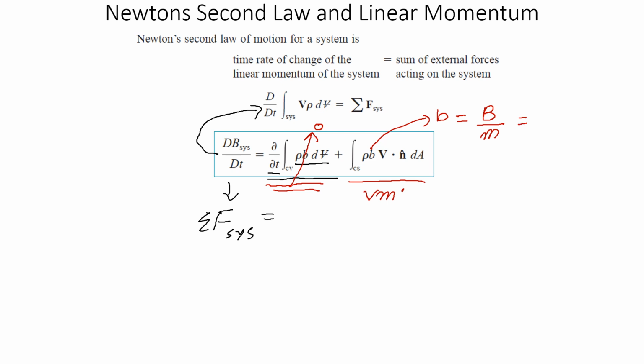That is what the intensive property definition is. Here our extensive property is momentum, and this is mass. So these two terms will cut out, and our intensive property here will be velocity.